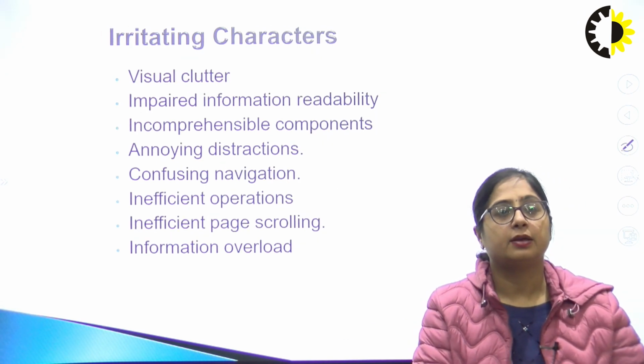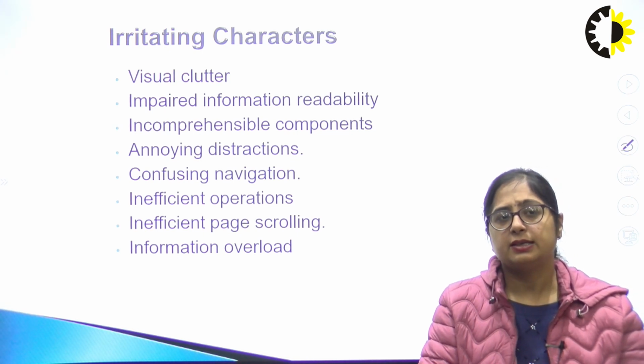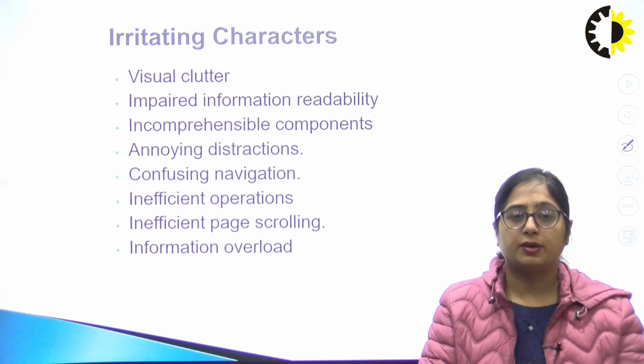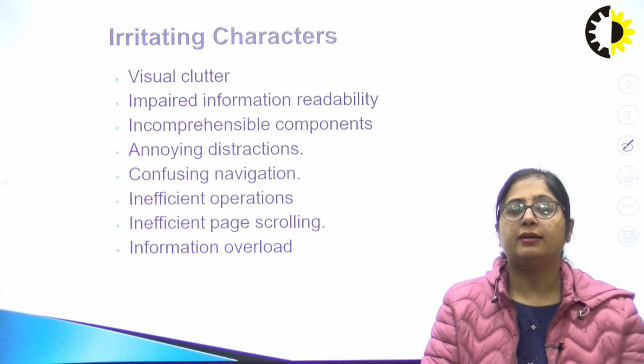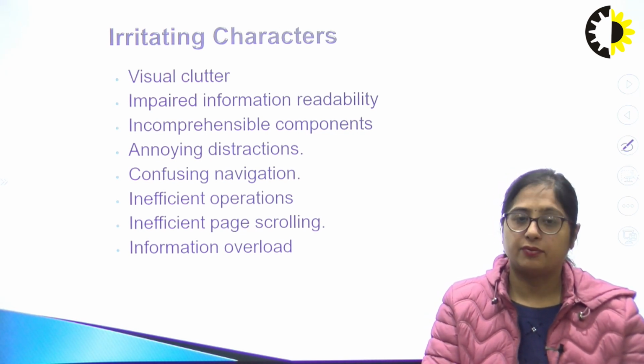So, what are the irritating characteristics in a user interface design? Visual clutter, which means your interface is not looking very good and is not clear. Impaired information readability, where the information given is partial, not full.